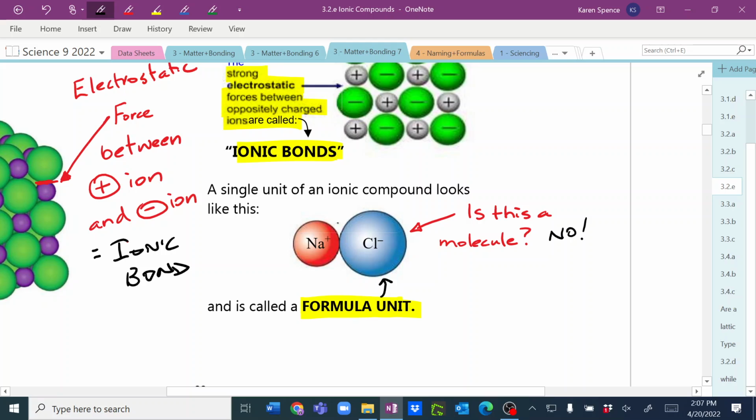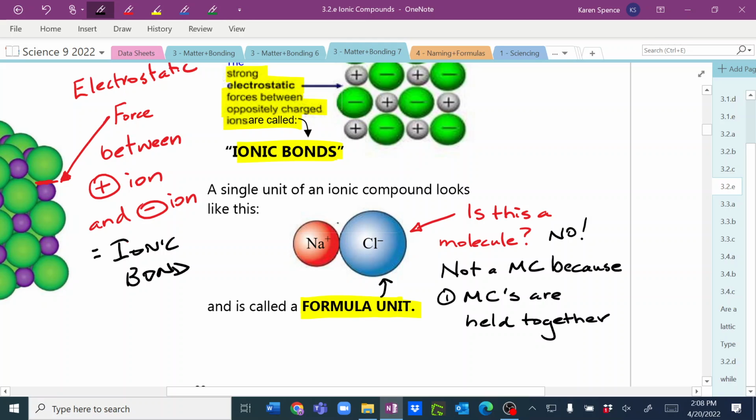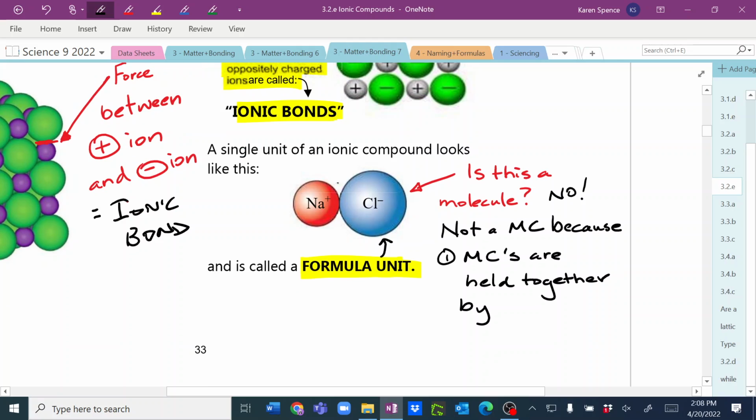Ooh, why is that not a molecule? Molecules are held together by covalent bonds.